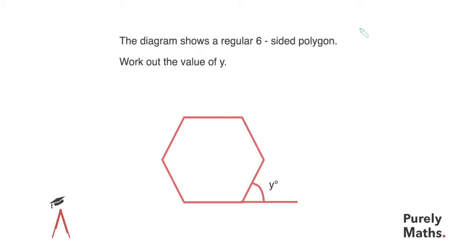Okay, let's look at this one. The diagram shows a regular six-sided polygon. Work out the value of y. So y is actually an exterior angle of this six-sided polygon. There are 6 of them here.